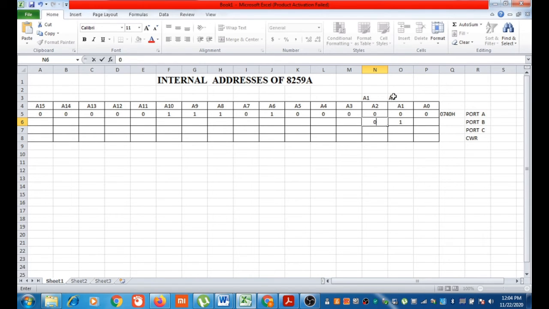When internal address line A0 is equal to 0 and internal address line A1 is equal to 1, port C will be selected. When A0 is equal to 1, A1 equal to 1, control word register will be selected. Remember, A1 pin of 8086 is connected to A0 pin of 8255. A2 line of 8086 is connected to A1 pin of 8255.